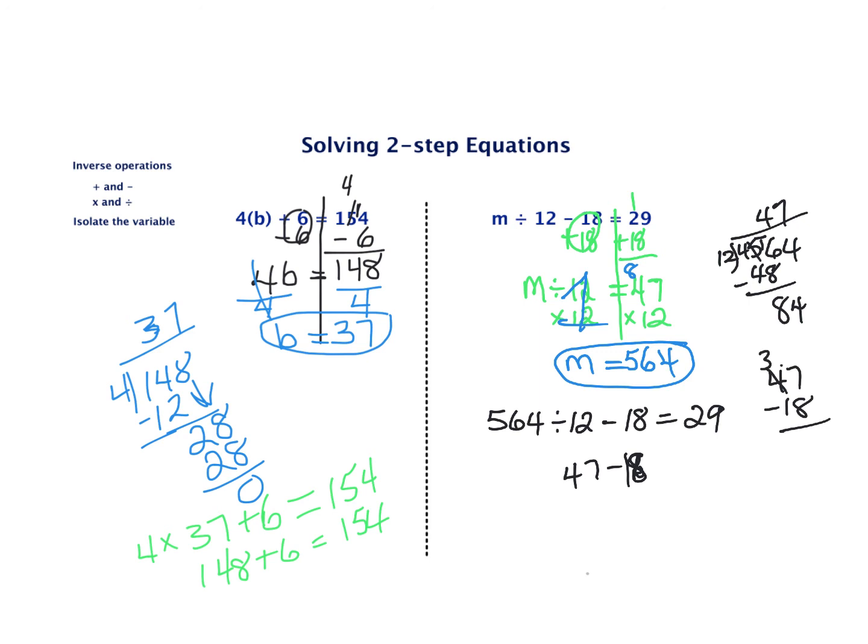That becomes 17. 17 minus 8 is 9. 3 minus 1 is 2. This matches what I have in my answer, so I know that my answer is correct. M equals 564.